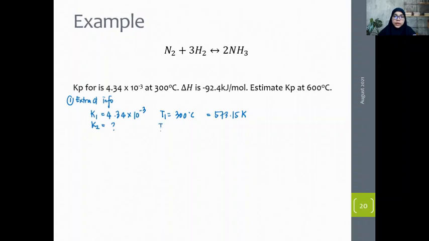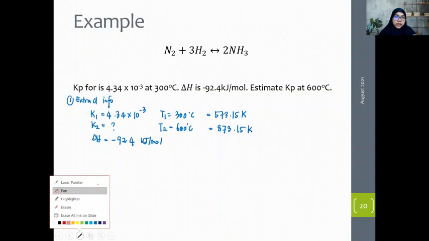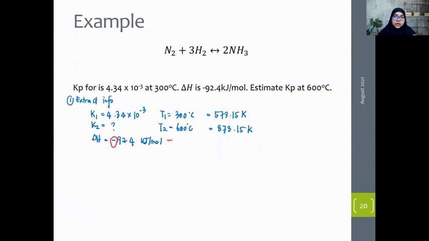T2 is 600 degrees, it gives us 875 K. And then the other information is the enthalpy, in kilojoule per mole. So referring to this sign, this is exothermic.